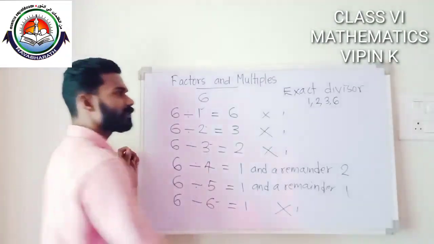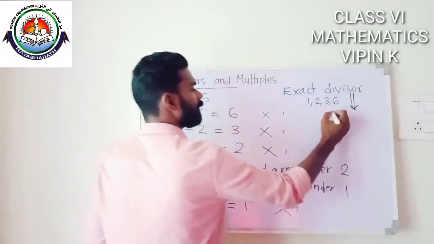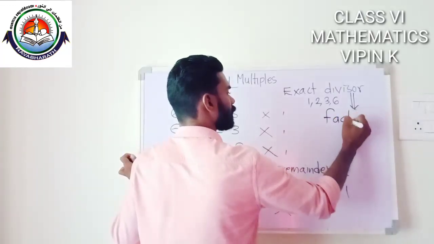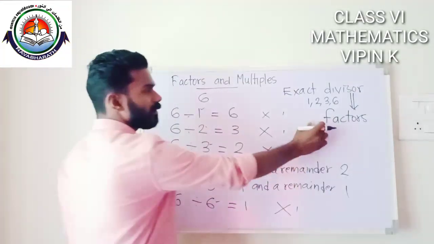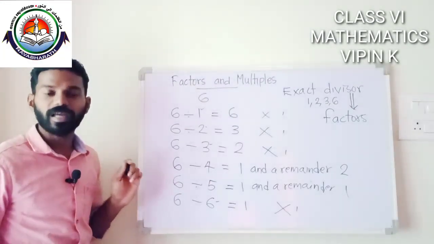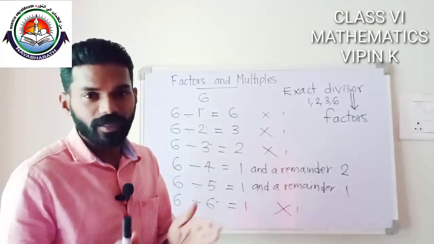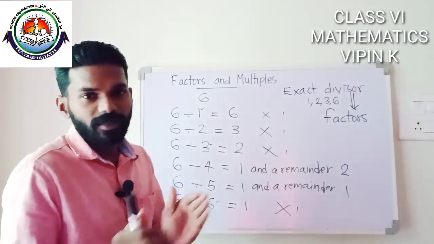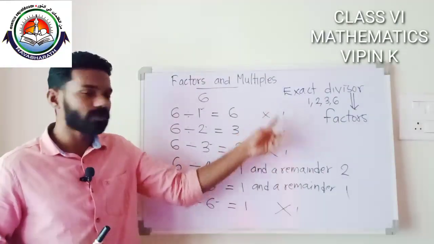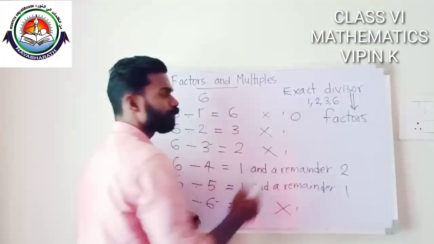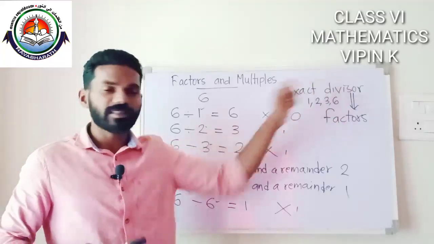Now these exact divisors of a number are called its factors. So what are factors actually? Factors are exact divisors. And what do you mean by exact divisors? Exact divisors means when we divide a number by those divisors, in all those cases the remainder would be 0. That's why these divisors are called exact divisors.